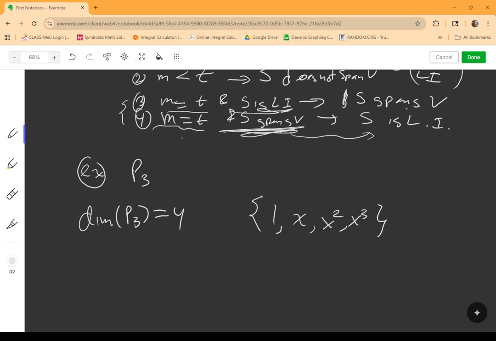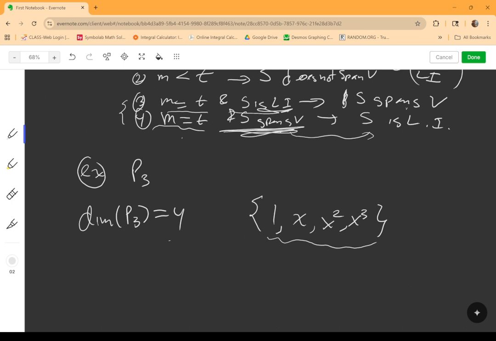Now again, if we didn't know that this was a basis and we were given the set, then we would check for linear independence. I know the dimension is 4. There's 4 vectors here. If I check that these are 4 linearly independent vectors, then I don't need to check the spanning part, because theorem G guarantees me that it will span.